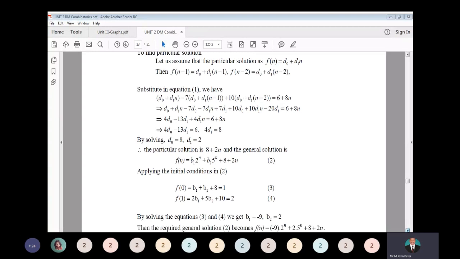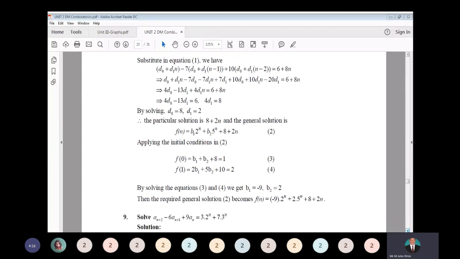Here the initial conditions are also given. So the solution f of n is b1 into 2 power n plus b2 into 5 power n plus 8 plus 2n. Apply the initial conditions: f of 0 is b1 plus b2 plus 8 equal to 1. F of 1 is 2 b1 plus 5 b2 plus 10 equal to 2.